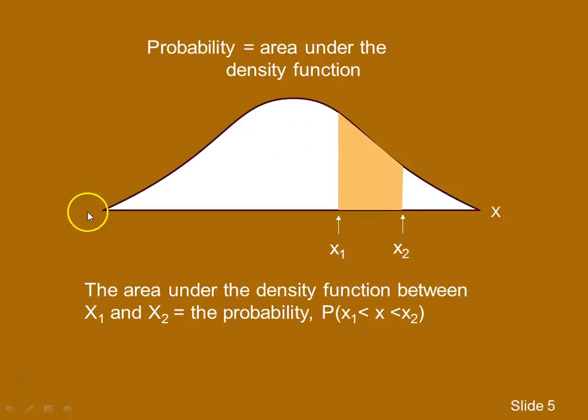The complete density function will have a total area of 1 unit, and the part that we want here between x1 and x2 would be this shaded area. Get used to equations written in the following way. If I want the probability that the random variable x is between x1 and x2, I will normally write an equation in this way.